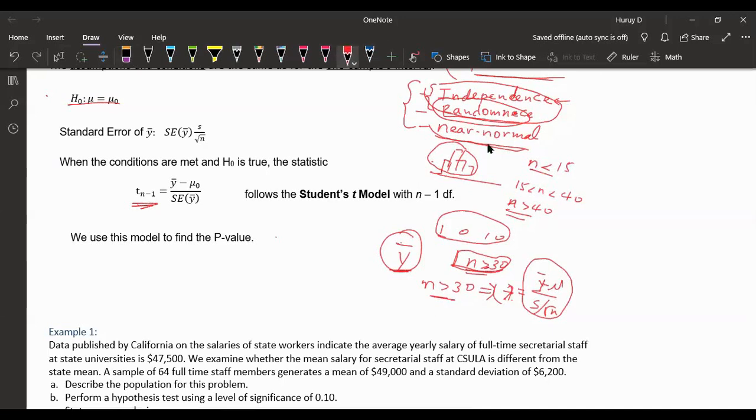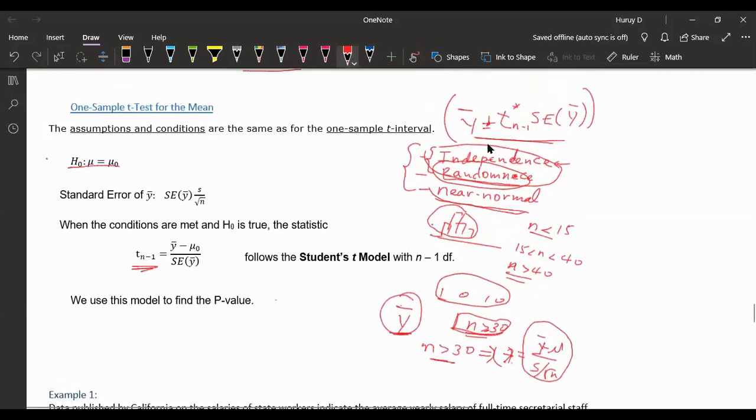All right, so we have the hypothesis, and then just like with proportions, we have the alternative hypothesis. So one option is mu not equal to mu sub naught, or mu greater than mu sub naught, or mu less than mu sub naught. So we have three options again.